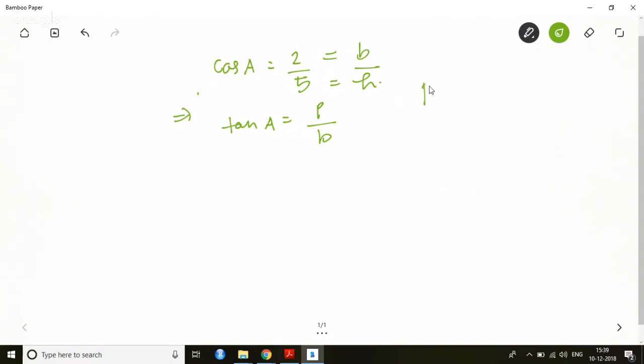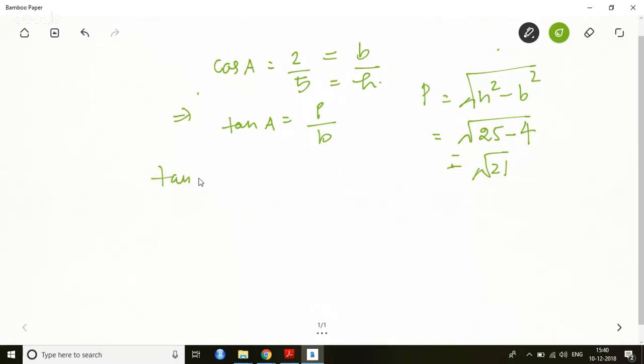Perpendicular would be the square root of hypotenuse square minus base square. Hypotenuse is 5, square 25, base square is 2 square, 4. So perpendicular comes out to be root 21. So tan A is root 21 divided by base, which is 2.